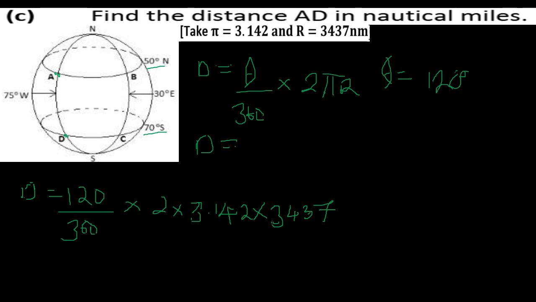Then we punch our values on the calculator, and our answer is simply 7,199.37 nautical miles. So this is the distance between point A and point D. Okay, wow. So let's proceed.